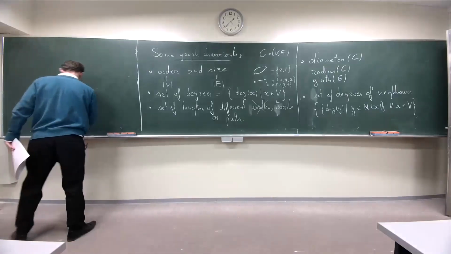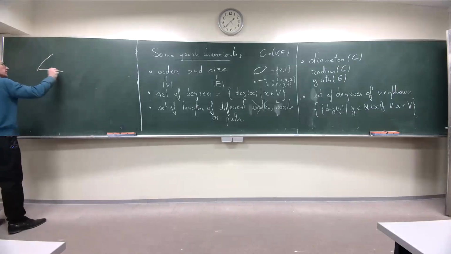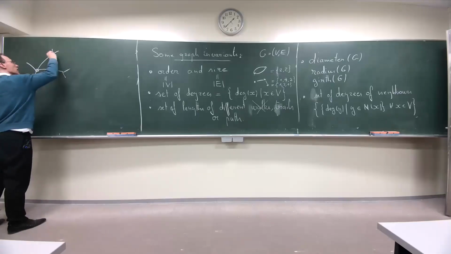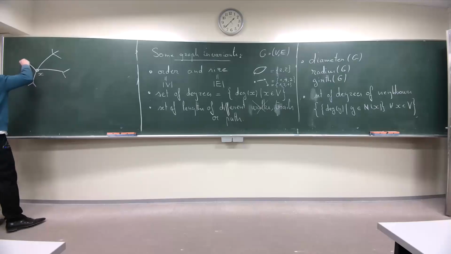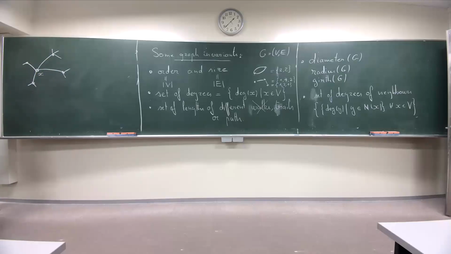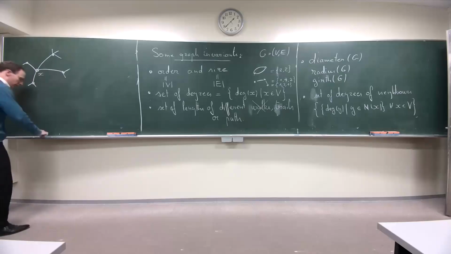So what is it? You have again a complicated graph. Let's pick x. Again, it's local information, but you don't have to look at the entire graph to do this. Pick an x. Then you look at its neighbors. We have 4 neighbors, and I look at the degree of each neighbor.